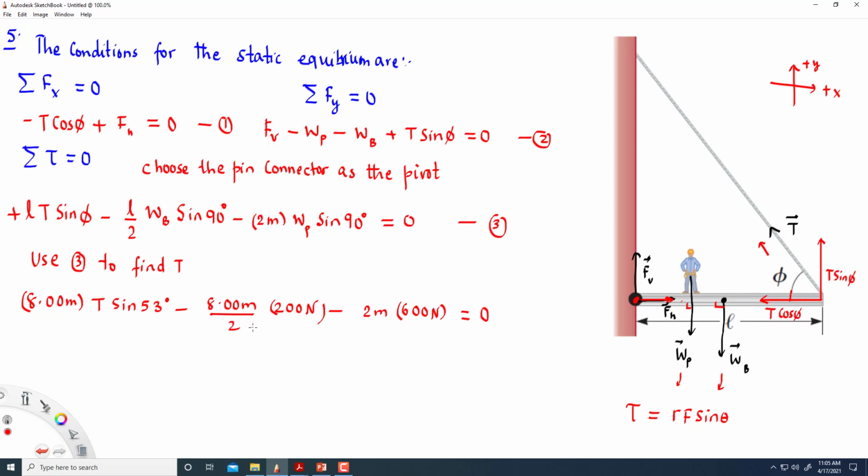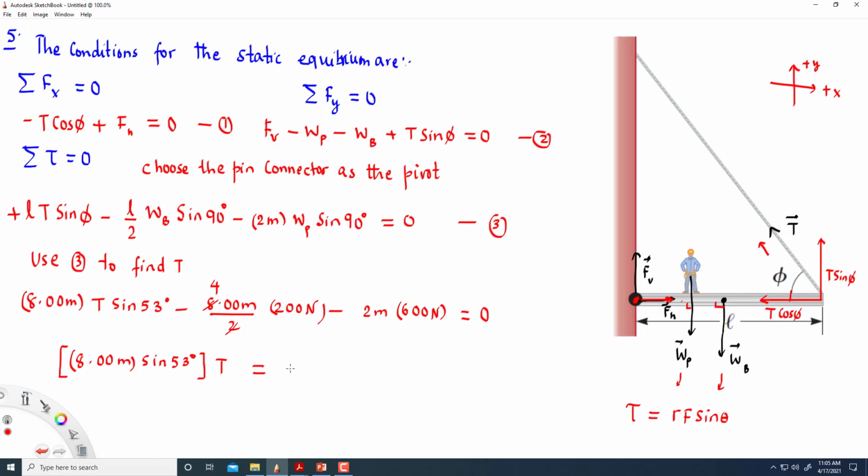So we want to move these numbers to one side and the one with the variable on the other side. So keep this as it is on the left side: 8 meters sine 53 degrees times T. Okay, and then move these things to the right. So this and this cancel with 4 remaining. If I move this to the right, this negative becomes positive.